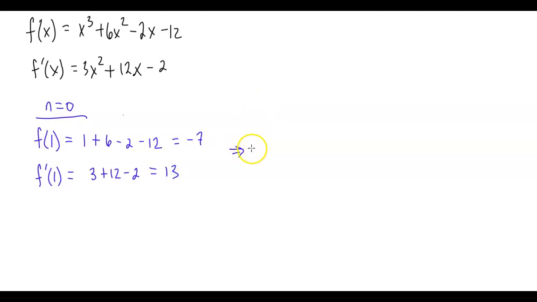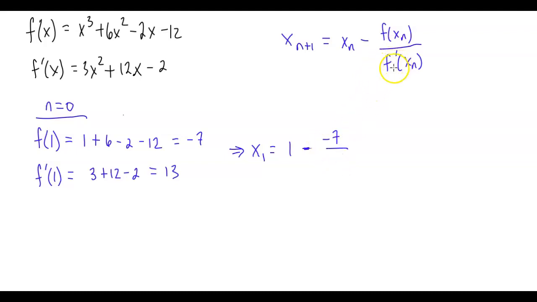And so this would mean that my x of 1 now would be 1 minus, and I'll rewrite the formula here. I know that in this case, my x of n is just 1 minus f of 1, which is minus 7, divided by f prime of 1, which is 13.